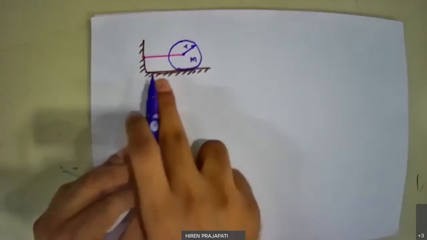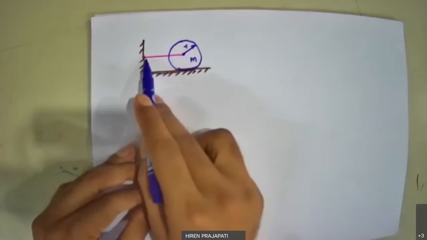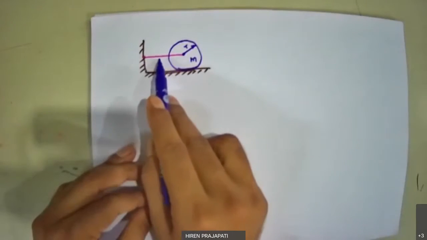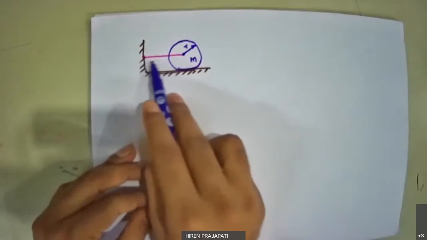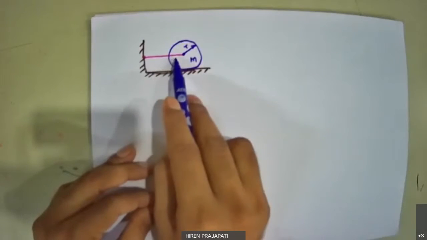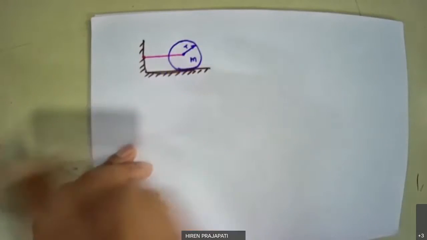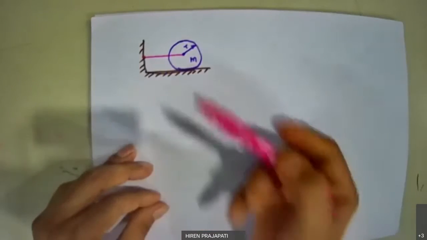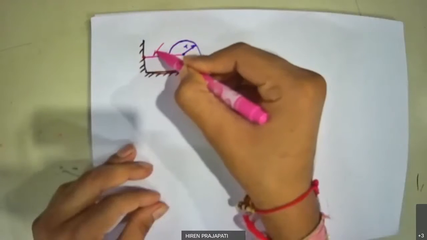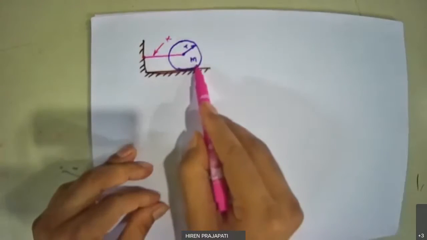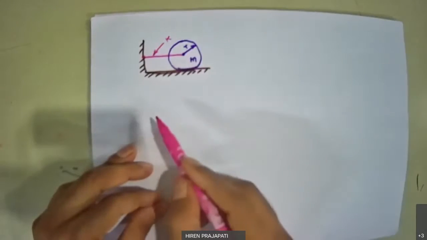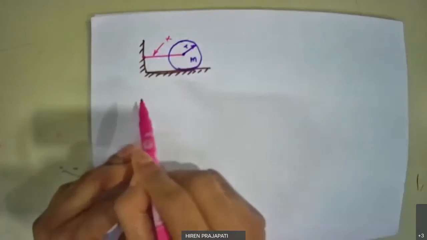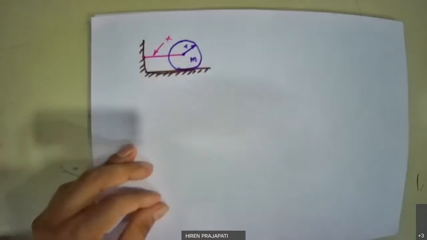So this is the actual system. You have one shaft or one wire or one strip, you can assume anything. This pink color is nothing but a restoring member. It has some stiffness, but its mass is negligible compared to the mass of this circular disc with radius r.